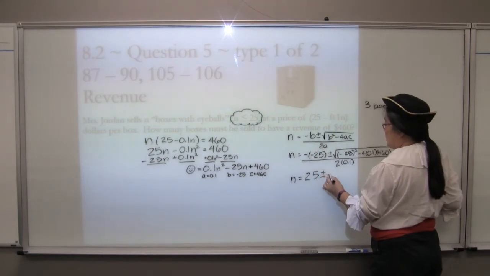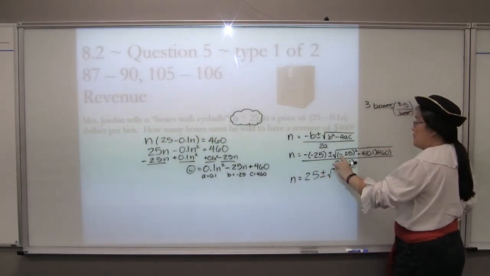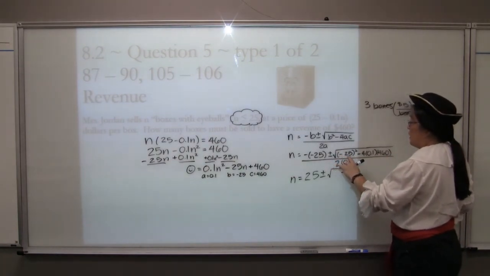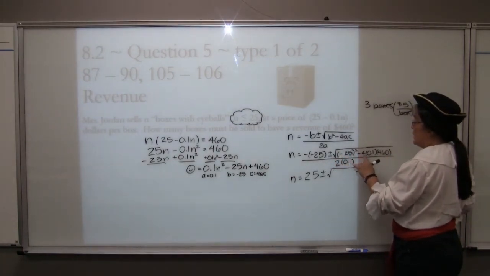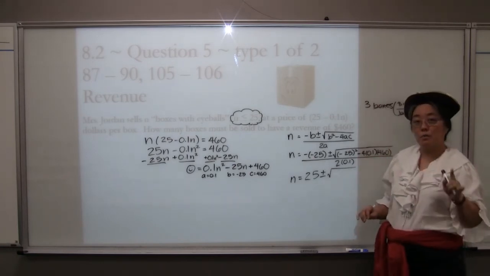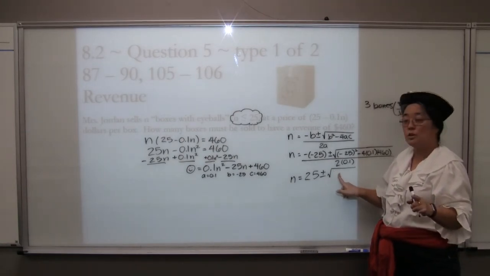Plus or minus square root. I'm going to put all this into my calculator. I'm going to put in parentheses, negative 25, parentheses squared, minus 4, parentheses, 0.1, parentheses, 460, parentheses. I'm not going to put it with the square root on it because I just want to know the discriminant.